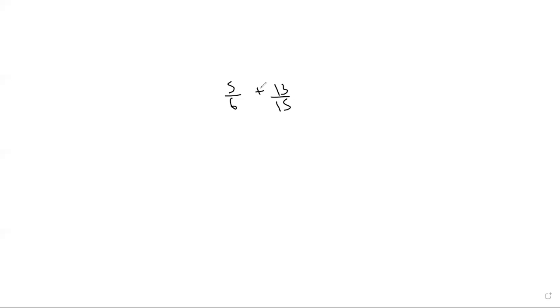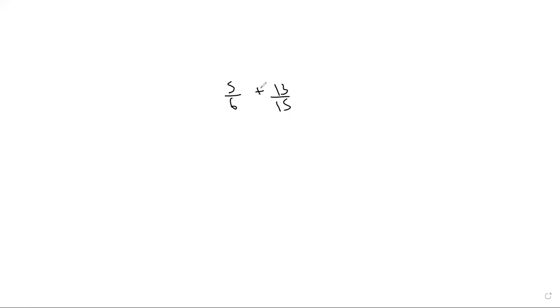So in this case, what would be our least common denominator? Anyone? So a multiple of 6 and a multiple of 15, and the lowest number that is a multiple of both of them. Anyone at all? 90.